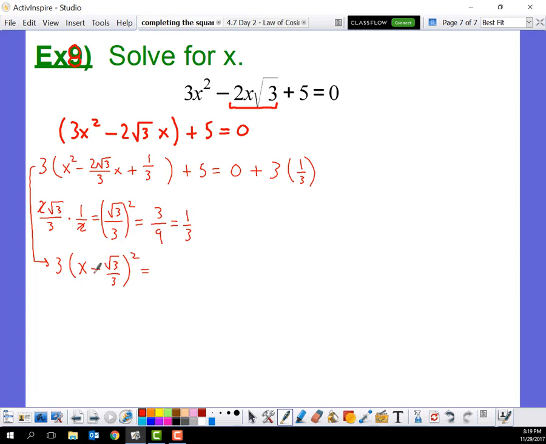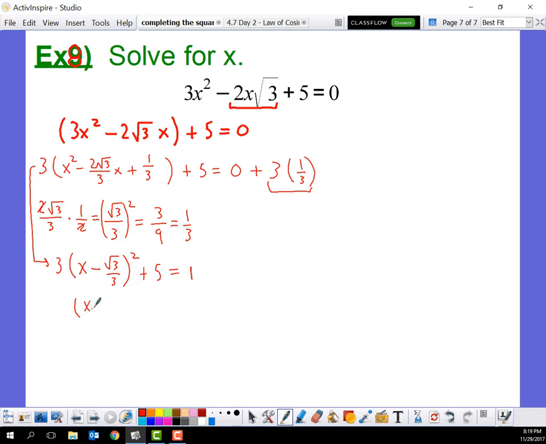Okay? So here we go. Equals. I shouldn't put the equal sign yet because that's a little too much to do at once. So I'm going to come back and put my plus 5 that I still have there equals 1. Equals 1 because 0 plus 3 times 1/3 ends up being 1. Okay? So here we go. I'm going to subtract the 5 on both sides. And what the heck?